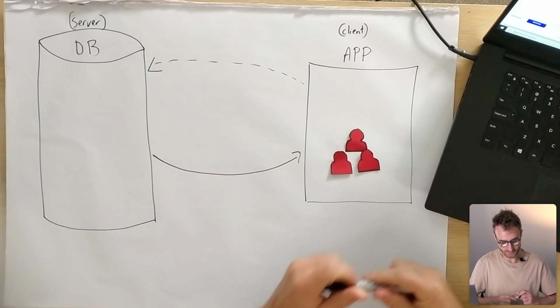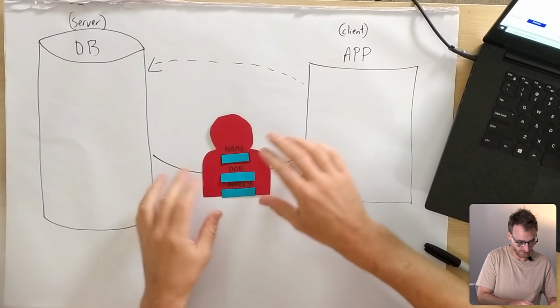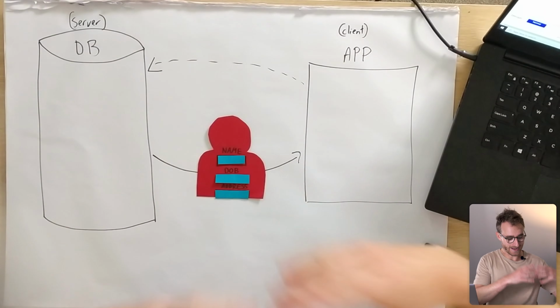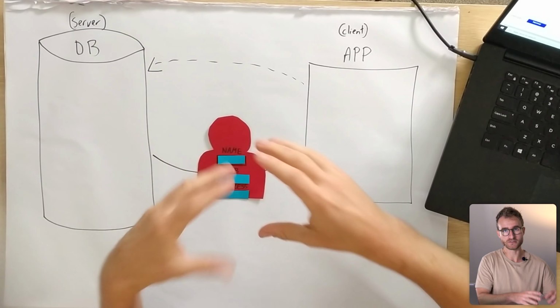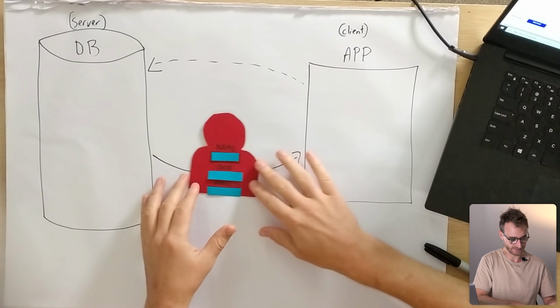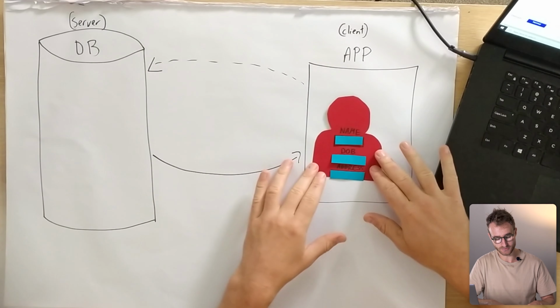When it returns the users to the app, this is one of those users, for example, it sends the user and all of its fields, all of the attributes for that user. Remember, a data type in Bubble is nothing more than a package of data. So that entire package gets sent. All of the little values, the name, the date of birth, the address in this example, get sent through with that user to the app.